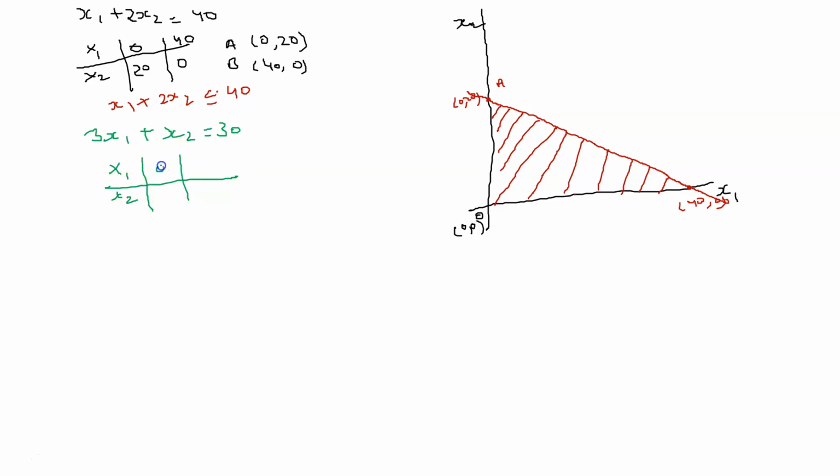When x1 is equal to 0, x2 is equal to 30, and when x2 is equal to 0, x1 is equal to 10. Let's take these points C and D. C has the coordinates 0, 30, and D has the coordinates 10, 0.